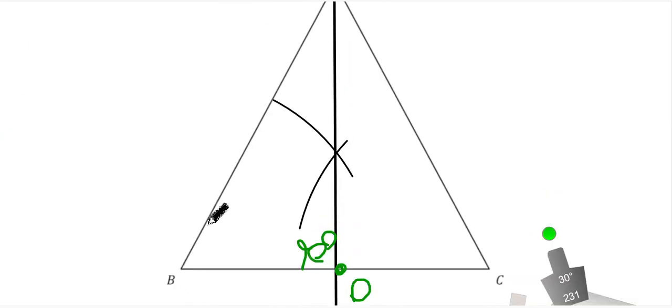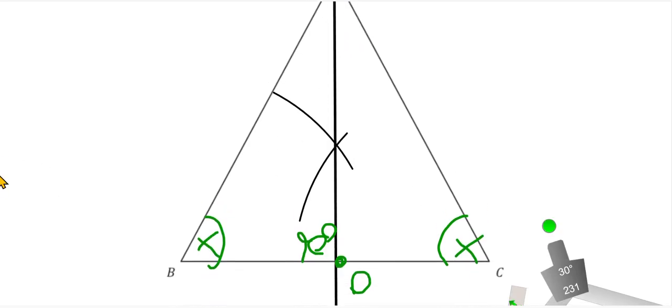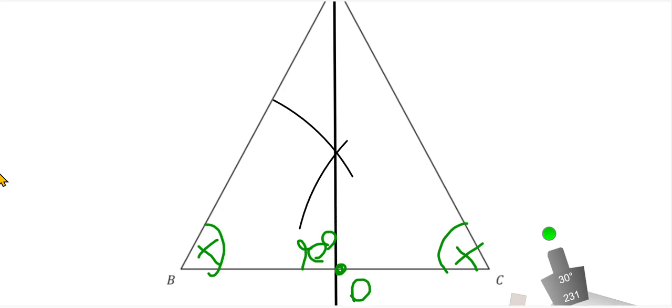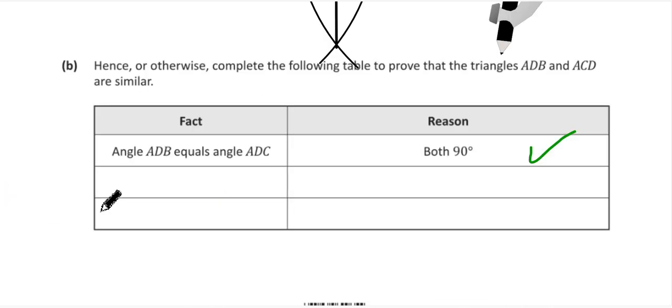So what does that mean about this angle here and this angle here? So we say angle ABD equals ACD. And what's the reason? Isosceles triangle.